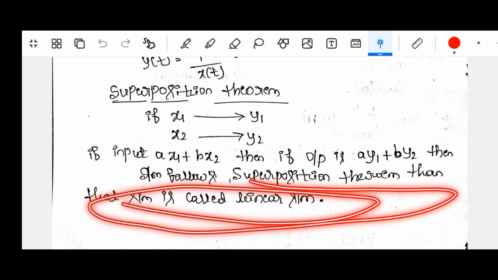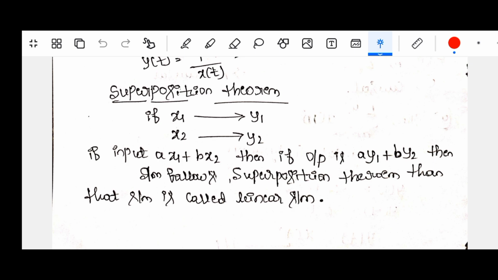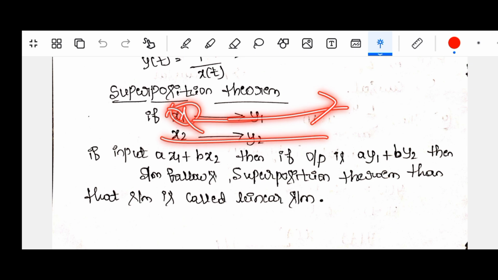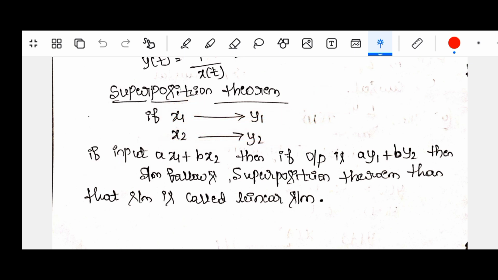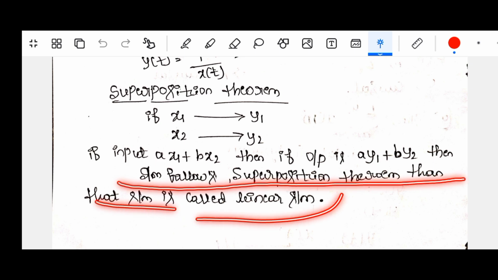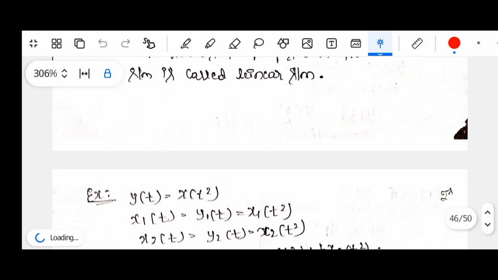Those types of systems are called linear systems.